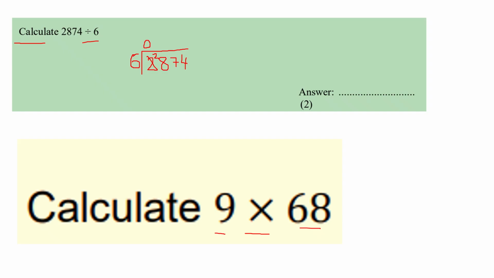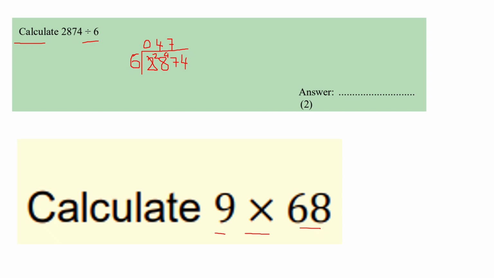Then we say 6 into 28 goes 4 times, because 4 sixes are going to be 24, with a remainder of 4, because 28 is 4 more than 24. 6 into 47 goes 7 times. Not 8, because 6 eights makes 48, so that's too big.